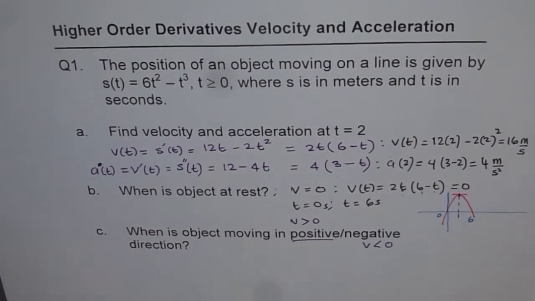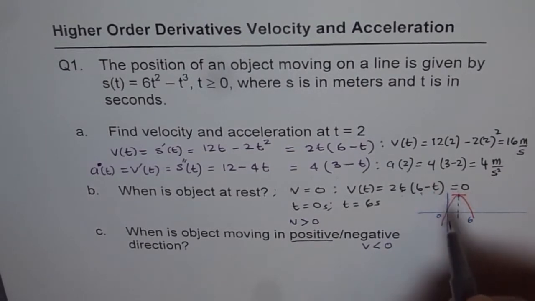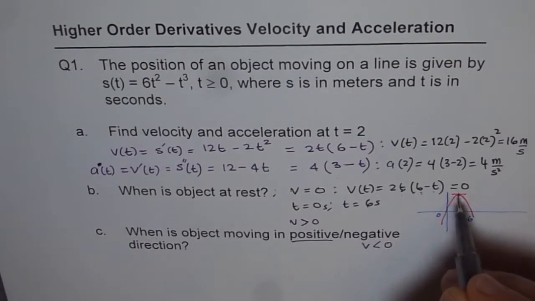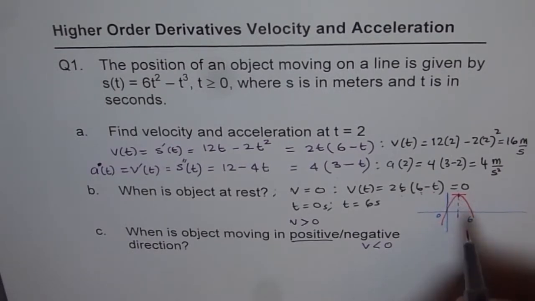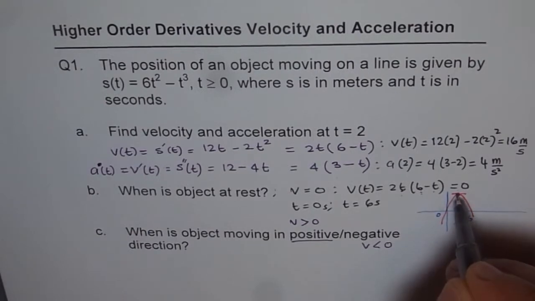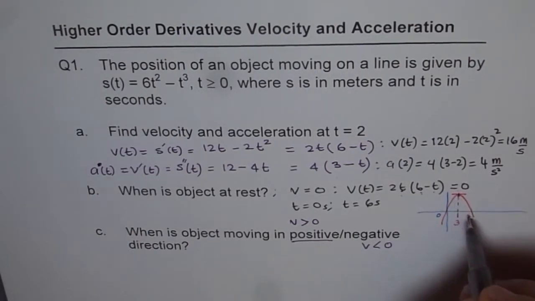So these are the 2 zeros for us. Now, the turning point of a parabola will be right in the center of the two, correct? So what we notice here is that at exactly 3, because a parabola has an axis of symmetry, the velocity changes. The velocity is positive from 0 to 3 and negative from 3 to 6.